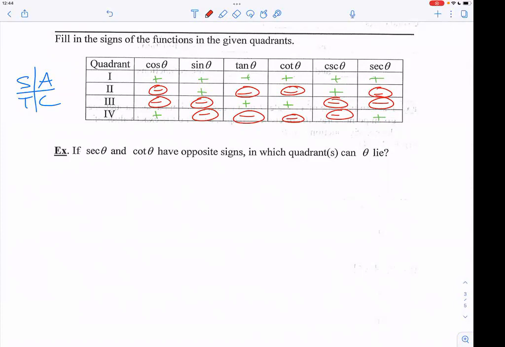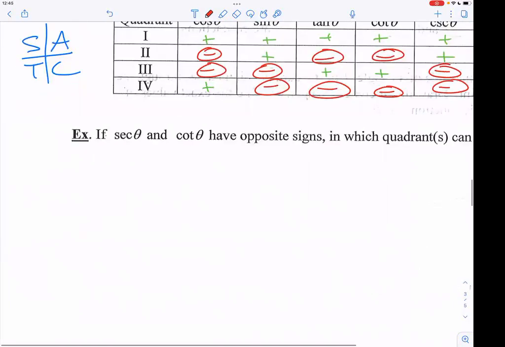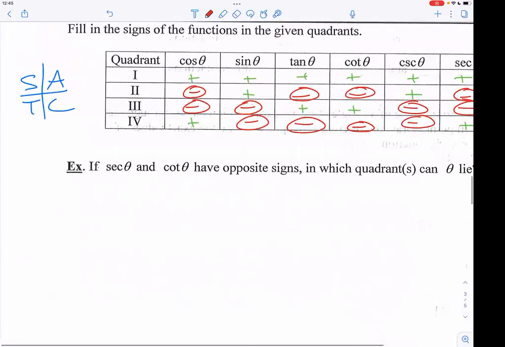Can it be quadrant 1? Because they are all positive, right? Can it be quadrant 2? Nope, because they will be both negative. So let me tell you how I would analyze this. Again, I do not have a good feeling with secant and cotangent.